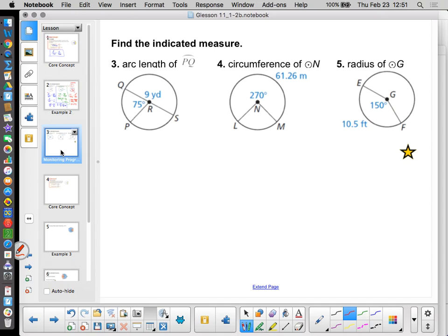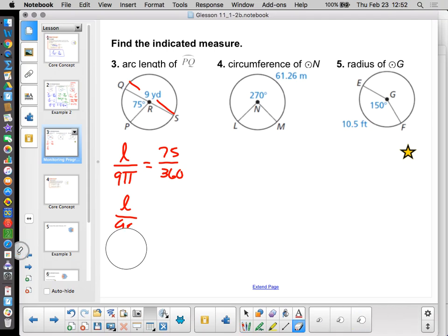Again, finding the arc length of PQ. So more of the same. Arc length is unknown this time, so there's my unknown. Over, I know the diameter is 9, so 9 pi equals 75 over 360. Now, I'd probably want to reduce 75 over 360, which I can do very quickly in my calculator, is 5/24.